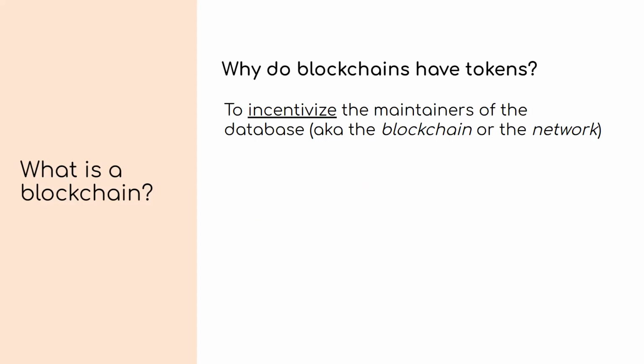So what sort of incentive does a person have to actually maintain this network, be part of this network and be part of this node? Essentially, we pay or incentivize people to be nodes to help hold a copy of this network by giving them tokens.